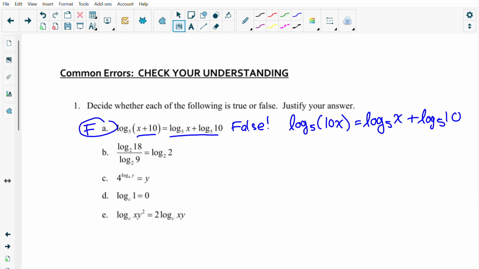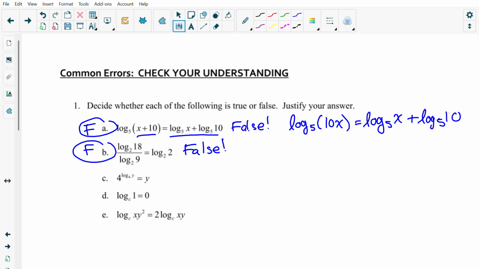Letter B. Log base 2 of 18 divided by log base 2 of 9 equals log base 2 of 2. Folks, this is false. Why? This is an improper application or use of the change of base identity.